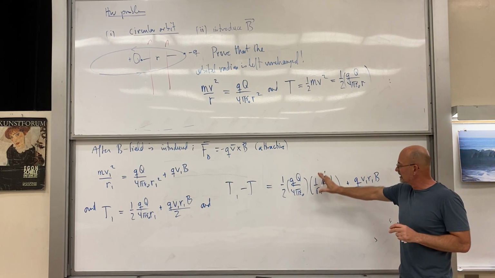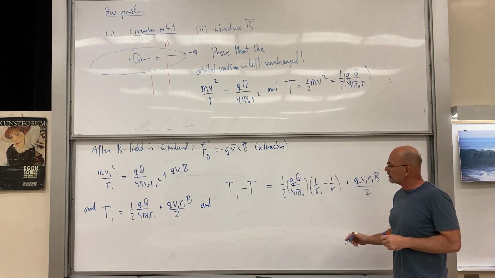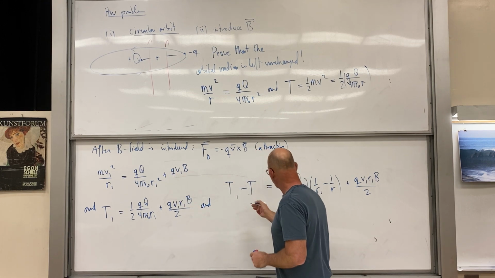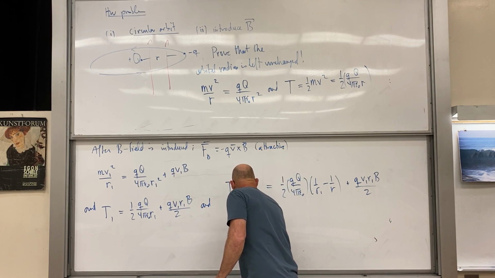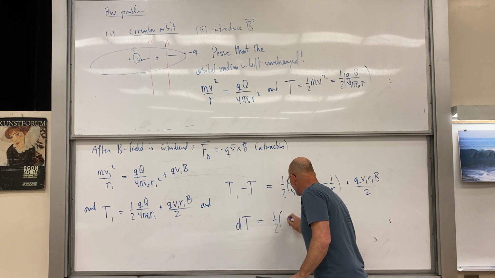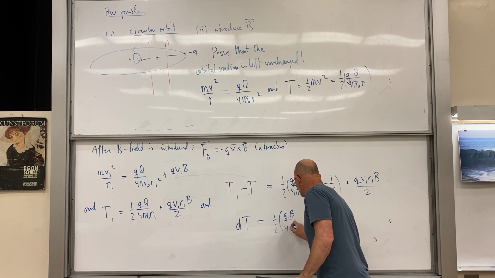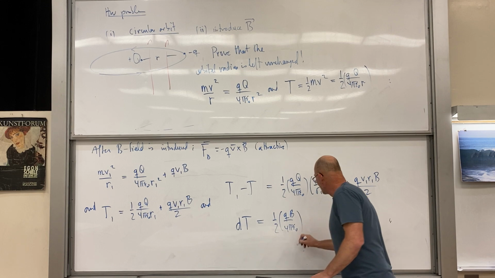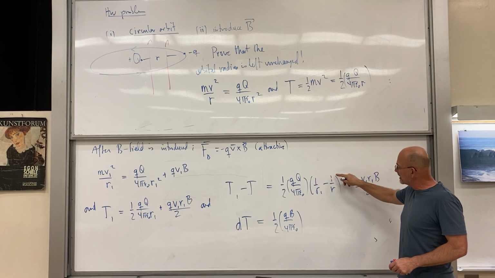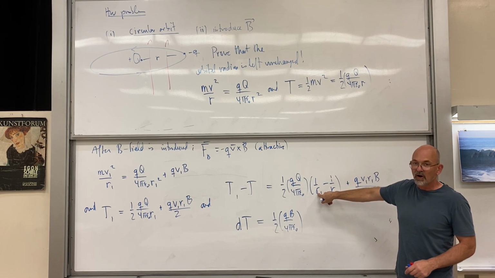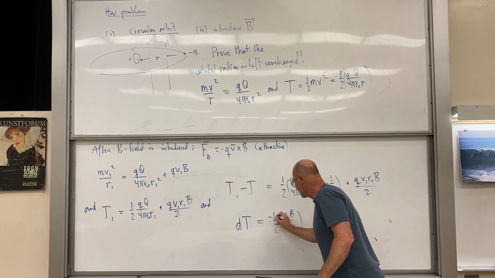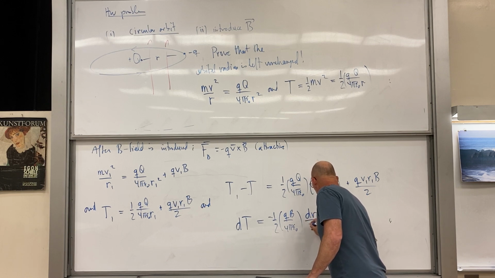So here's where we're going to do these interesting steps. We were dialing in a small amount of magnetic field. We were dialing it in slowly. So we're going to take this as an infinitesimal dT, and then I've got a 1/2, so this factor doesn't change, QB 4 pi epsilon naught. And here's what we're going to do is common denominator, so we'll end up with R minus R1 divided by R1 times R. And since they're close together, this is going to be a minus dr over R squared.